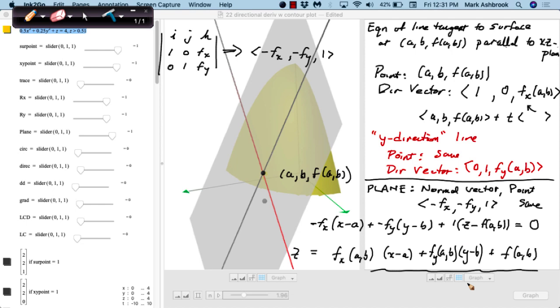It's the gradient of the thing plus f of a, b.